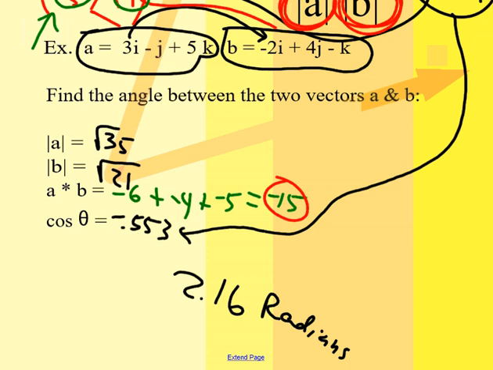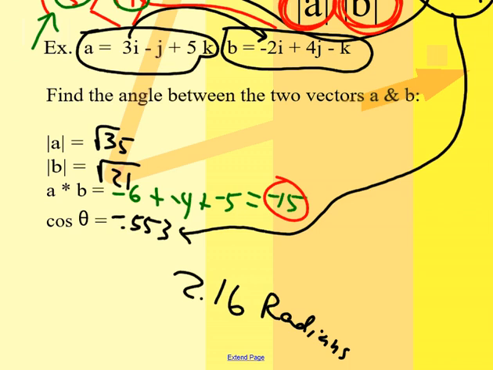Now remember, this is another thing that's weird about vectors. I'm putting them together to show you this angle. But do you get that these are the same vectors as I move them apart from each other? I can still say it's the angle between those vectors, even though I just moved them. Because when you move them, as long as you keep them going in the same direction and the same length, they are the same.